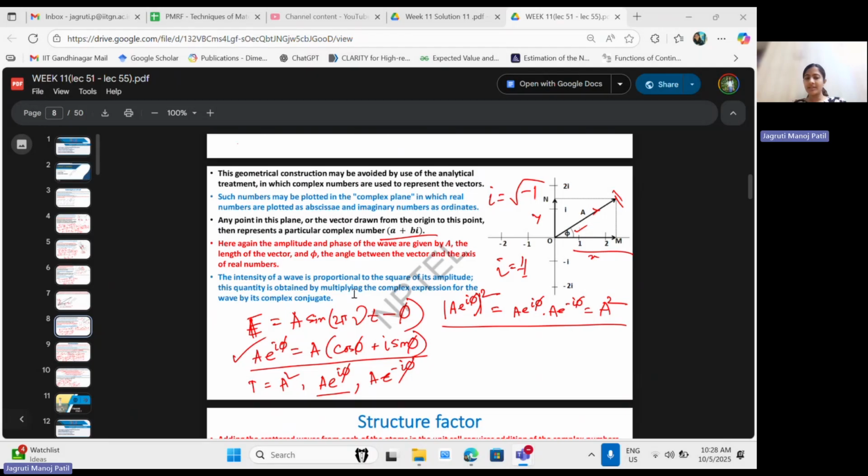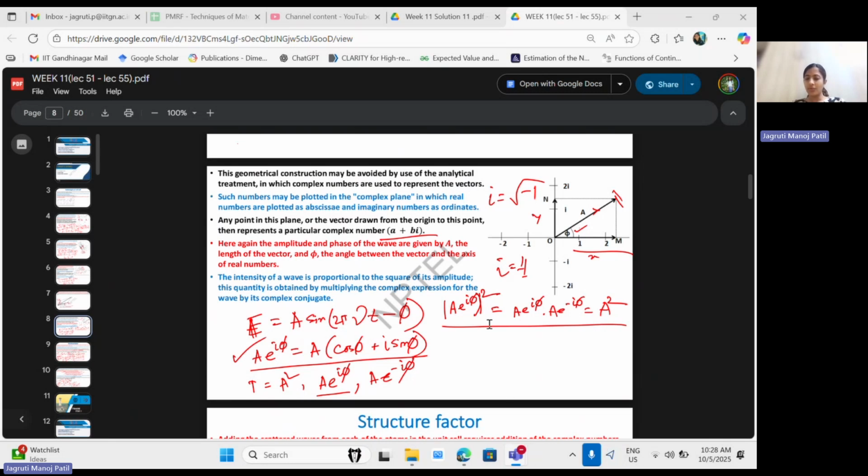If you have a wave that's passing, a sine of 2 pi nu t minus phi, here they are taking the negative of displacement. That wave can also be represented as A times Euler's law, that is e raised to i phi is nothing but cos phi plus i sin phi, multiplied by the amplitude.